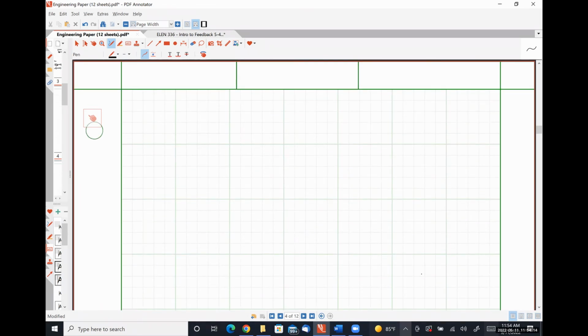Transformation between loads. So let's say that we have a Y connected load.